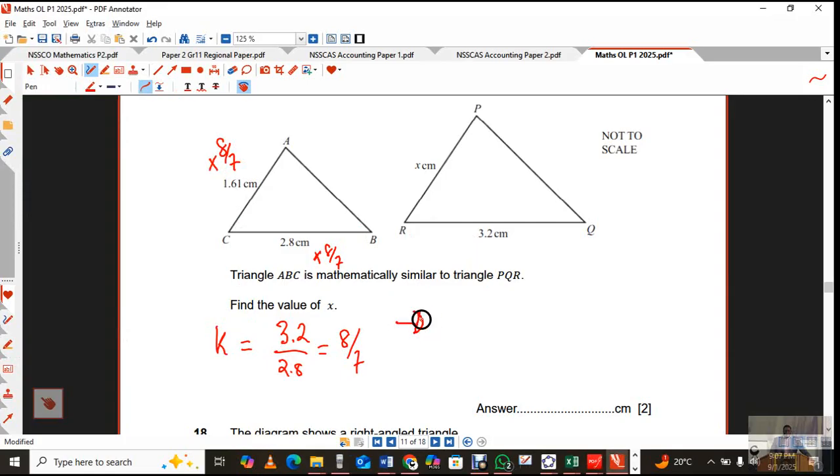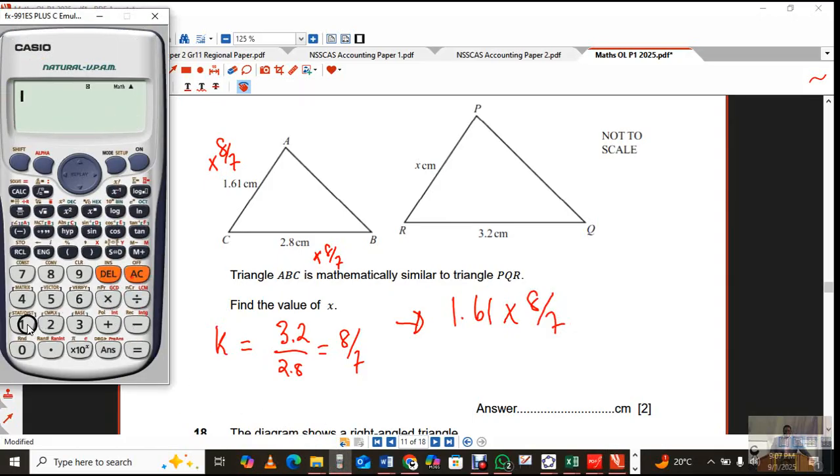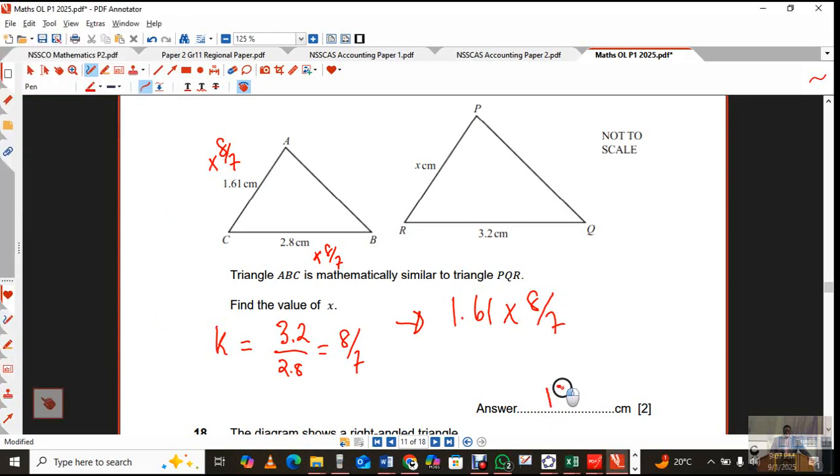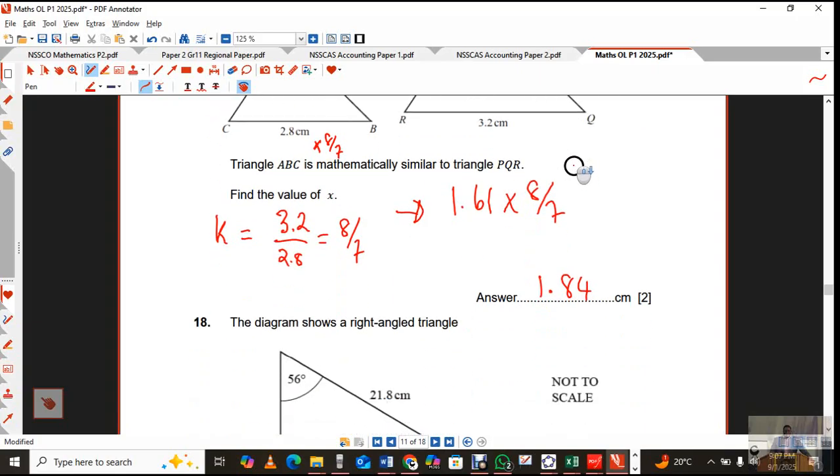Therefore, 1.61 times 8 over 7 should give me the value. What do you get? 1.84. So this answer here is 1.84, and it should be bigger than that one. Can you see that? Anyway, next question.